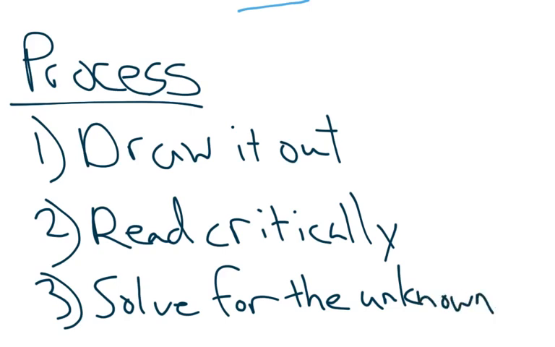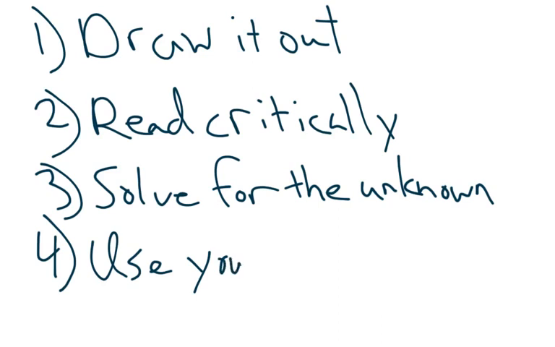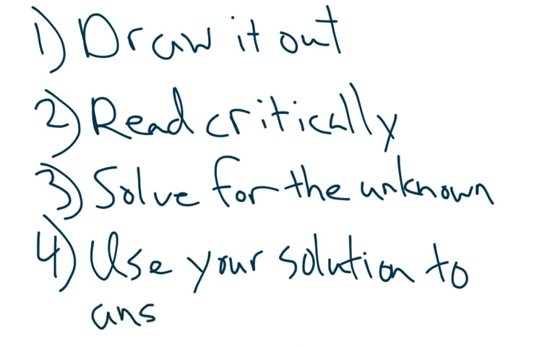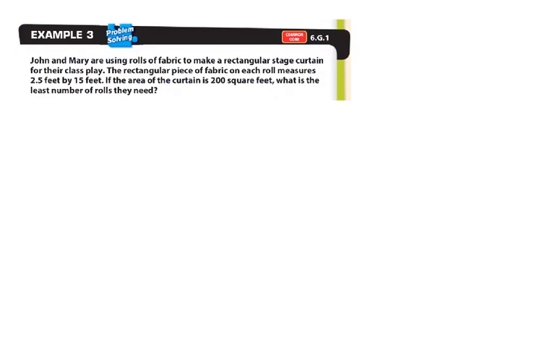And finally, step 4 here is to use your solution to answer whatever question has been asked of you. And so this is the new step right here. We're going to have to use the solution to answer a new question. Let's take a look at some examples and see what all this means.